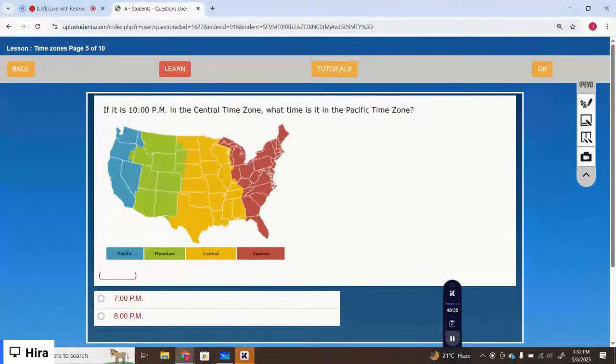If it is 10 p.m. in the central time zone, what time is it in the Pacific time zone? So it's 10 p.m. in central, right?